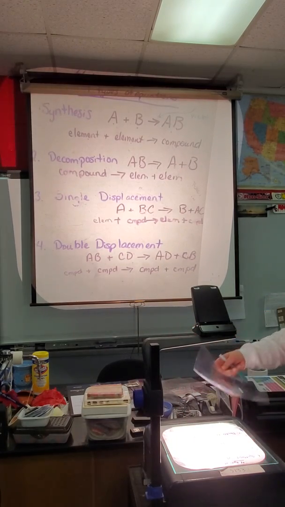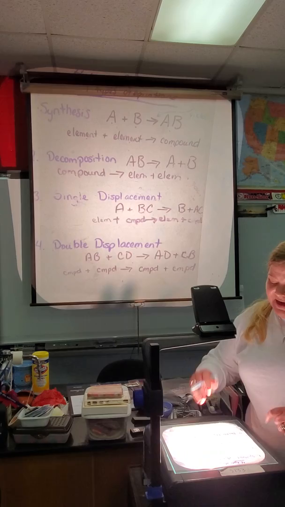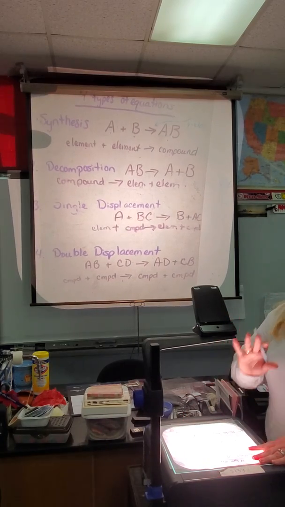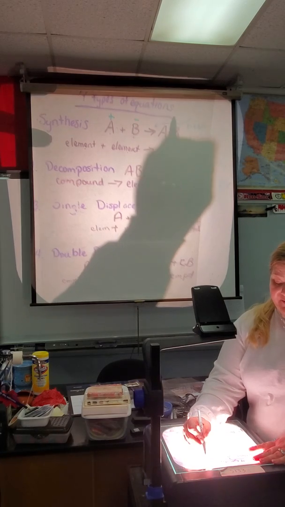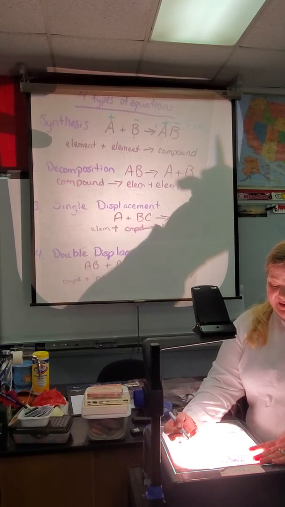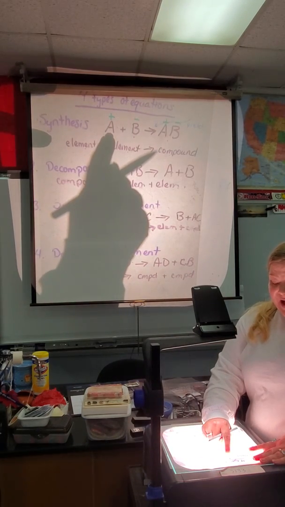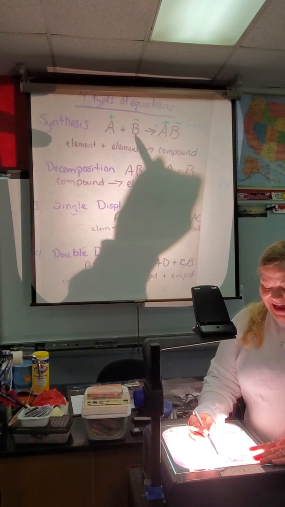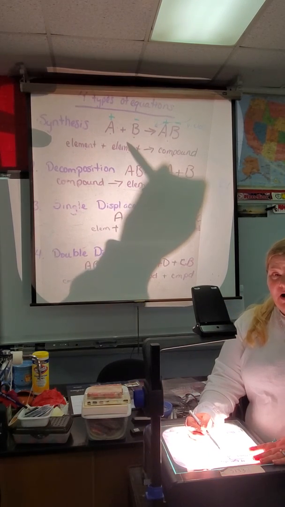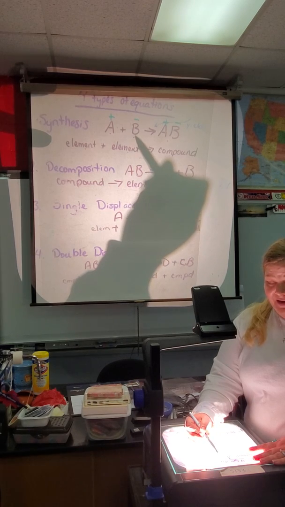So what is happening, and this is where you have to remember what is positive and what is negative. The positive ions are called what? They are cations because they are positive. Your negative ions are called anions.